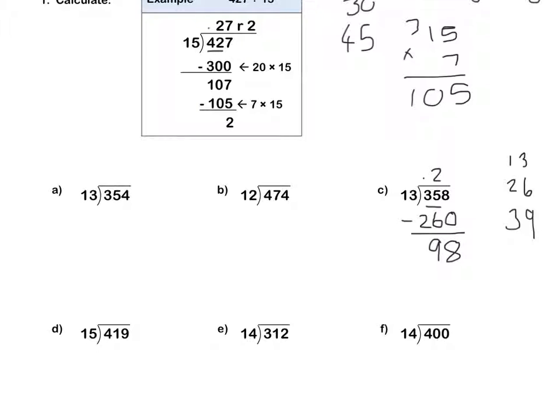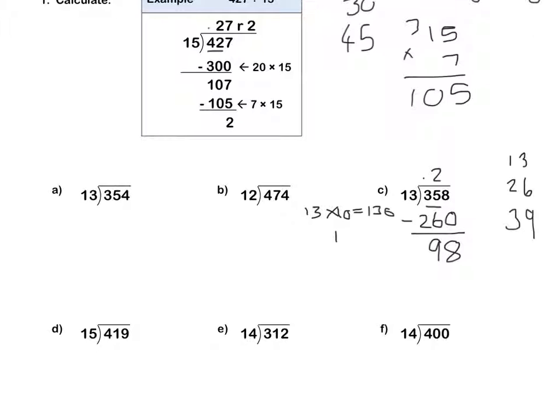Now we need to figure out how many times 13 fits into 98. So let's do some estimation. 13 times 10 is 130, which is quite near to 98, but not quite there. So I reckon we need to do 13 times 7 or 13 times 8.